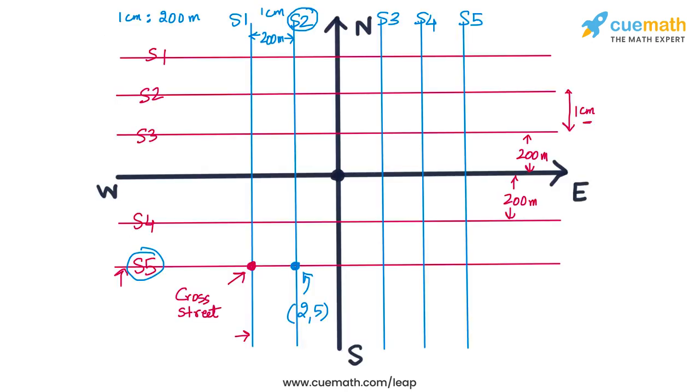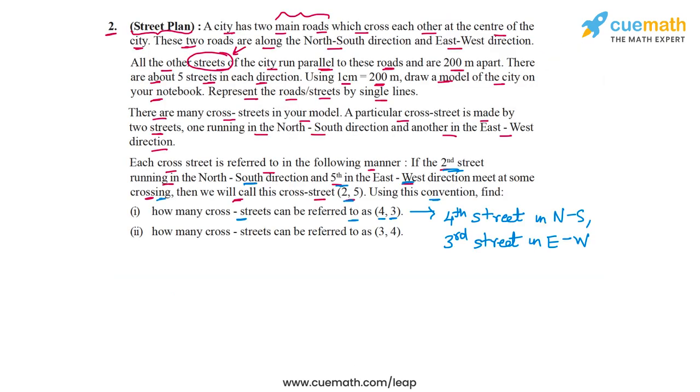So fourth street in north-south direction, which is this street here, and third street in east-west direction, which is this street here. These two streets intersect at this point here. So this cross street would have the position 4, 3. Alright, and then the problem says how many cross streets can be referred to as 3, 4. So what would 3, 4 mean?